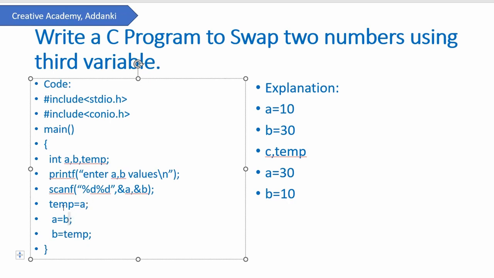Now let's see what is happening here. Temp equal to a. Suppose I enter values like 10 comma 30, I'm writing them under a comment. So what will happen here? Temp equal to, what is a? 10 is given.